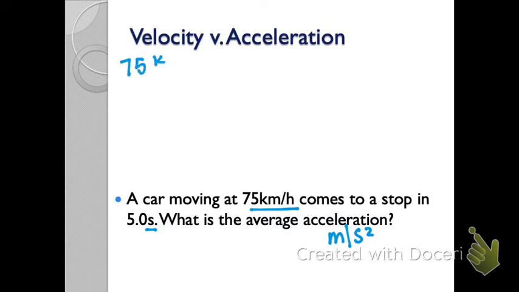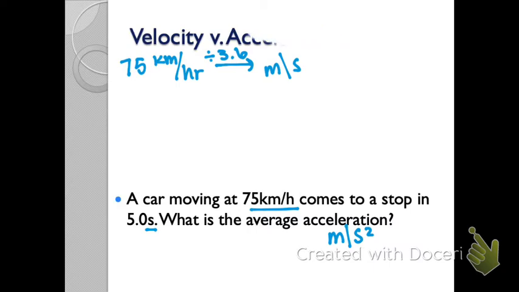Good. Yep, good. Kilometers per hour, to convert it, I need to divide by 3.6. Okay? 3.6 is my division to get me from kilometers per hour to meters per second. Remember, if you don't remember that conversion, here's what it looks like. If you weren't sure about the shortcut, I would go 75 kilometers per hour, right?